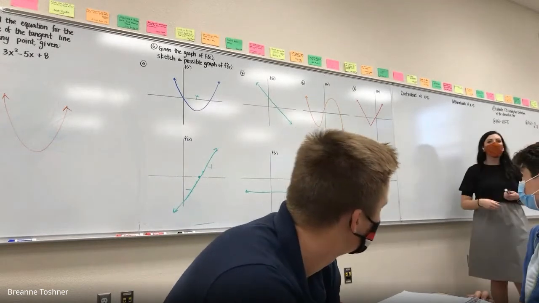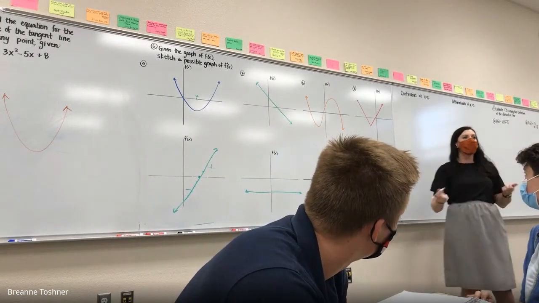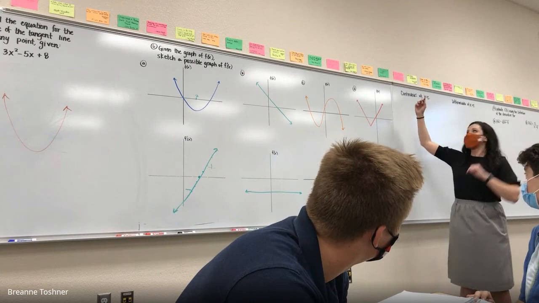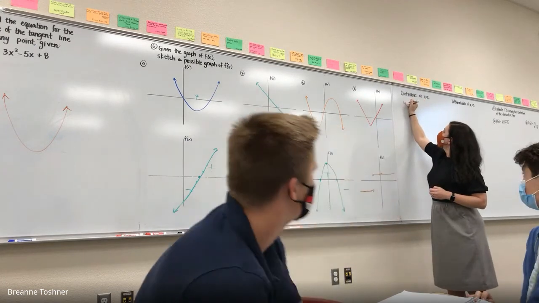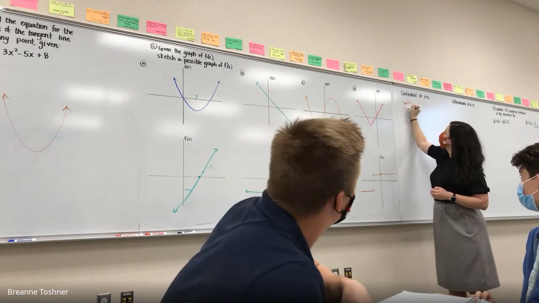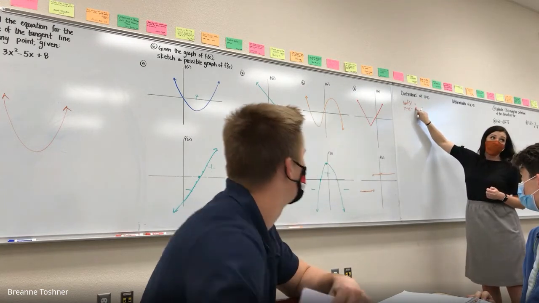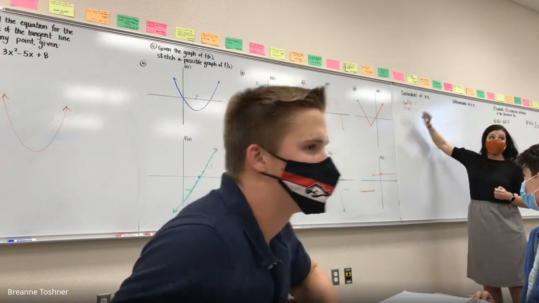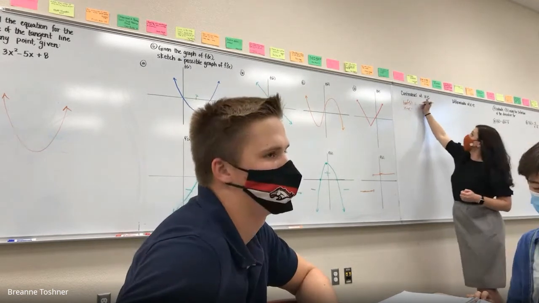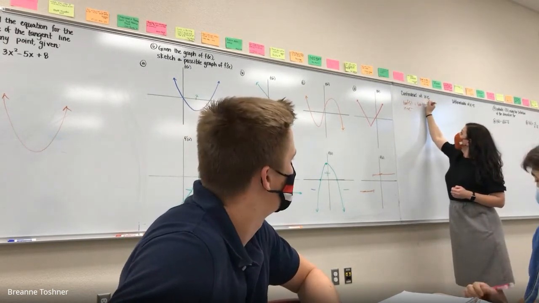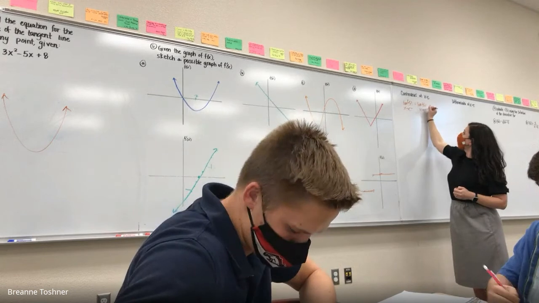If something is continuous at c, there are 3 requirements. What were they? Somebody give me them. They are equal. The limit from the left is equal to the limit from the right, which is also equal to what?